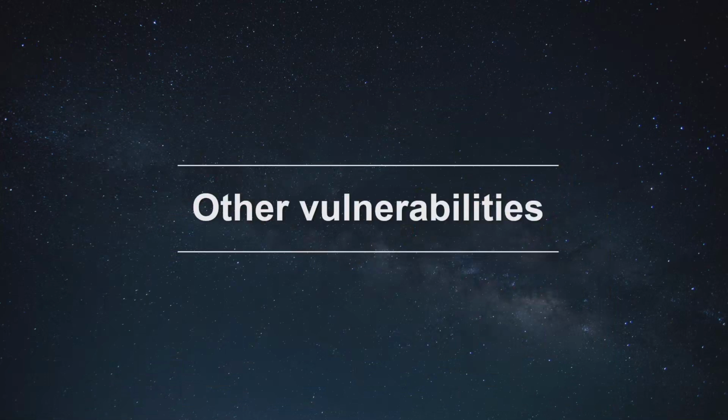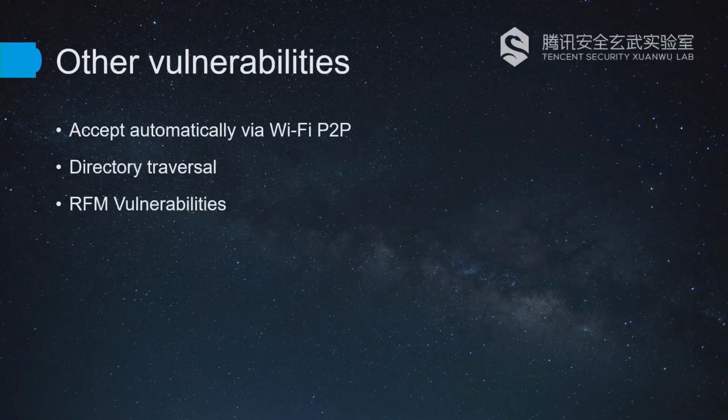Finally, it's our fourth category, other vulnerabilities. We will share three examples here: one, accept automatically via Wi-Fi P2P; two, directory traversal; and three, remote file management vulnerabilities.